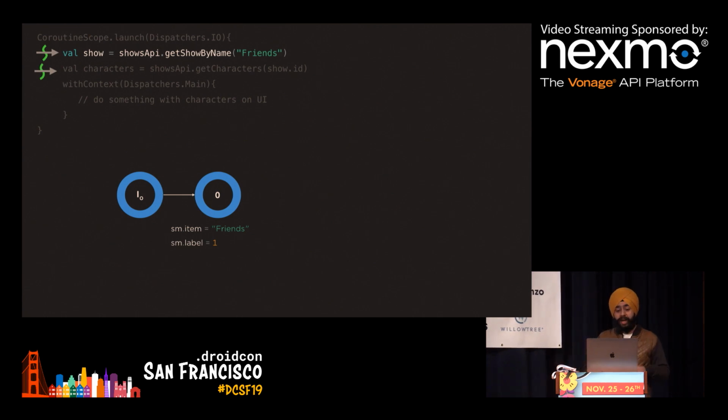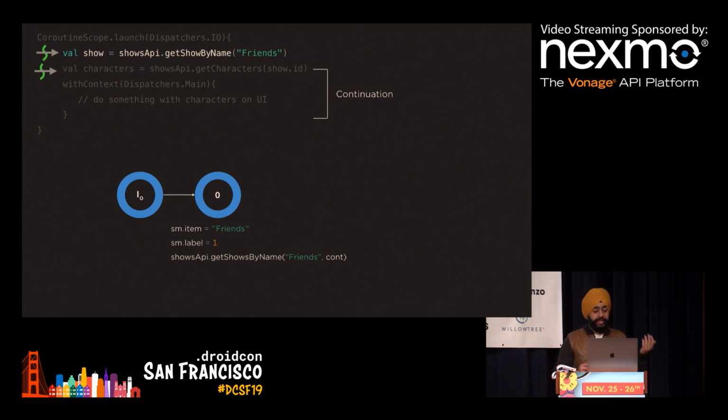So now we have the context saved, but how will it know what to execute when? Like the fetching the characters line, how will it know when we have to move forward, like what is done by the callbacks? This is something which is solved by continuation. You can think of continuation as the lines which you want to execute after the action of the function.